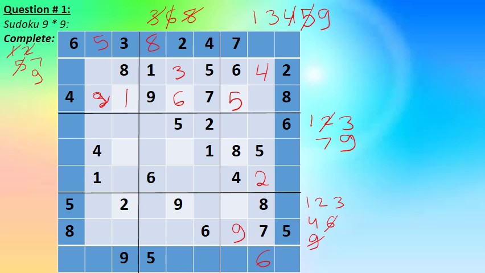What is it missing? Yes, Selena. 1, 2, 3, 4, 7, and 8. Now 1.